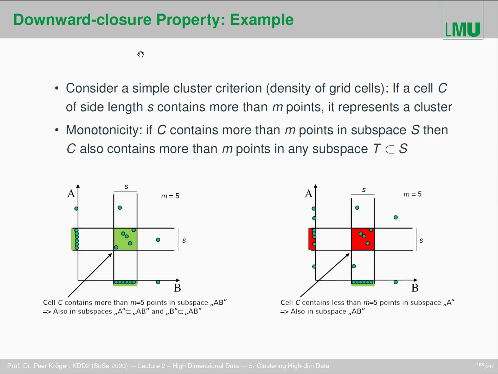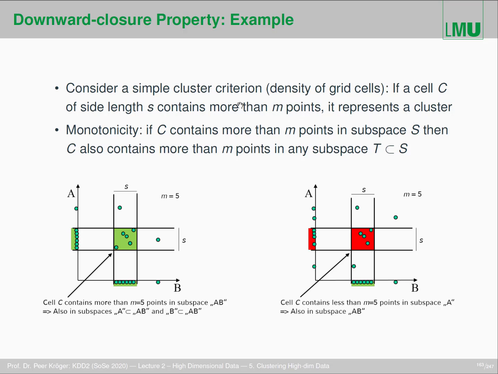An example for such a downward closure property is a very simple cluster criterion, that of dense grid cells. In a grid-based clustering approach, I usually apply a grid on my data space, so I partition my data space into cells, and I say if a cell C of a given side length contains more than m points, it represents a cluster.